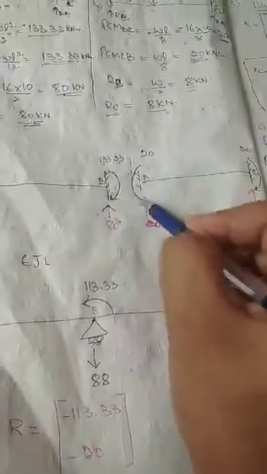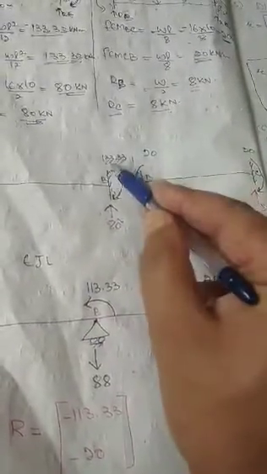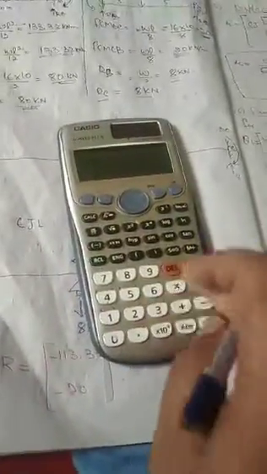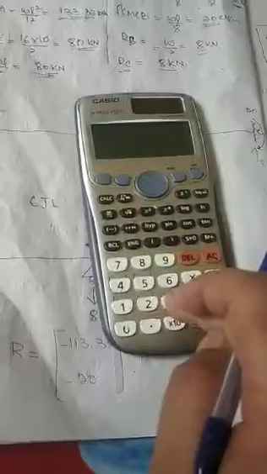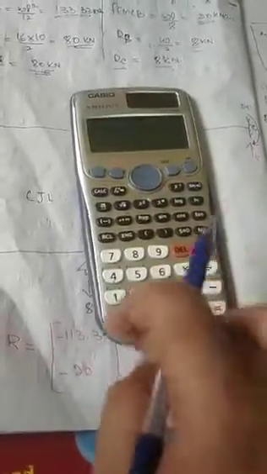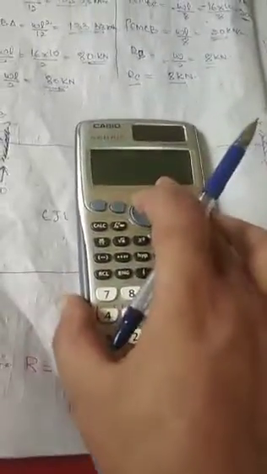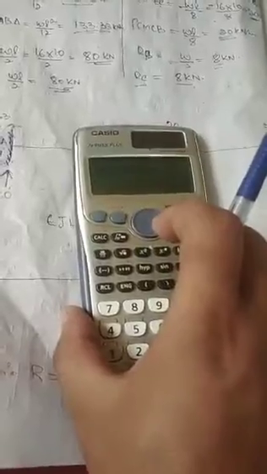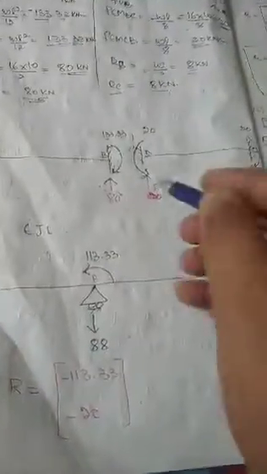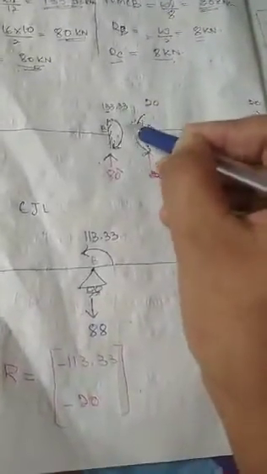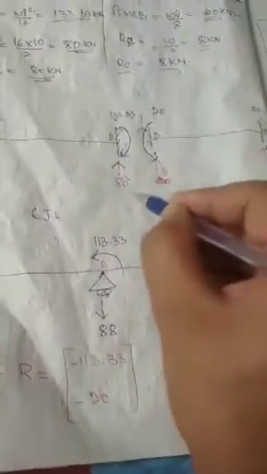Here it is anti-clockwise direction. So here it will be 133.33 minus 20. So it is 113.33 kilonewton meter. So that load is in clockwise direction.